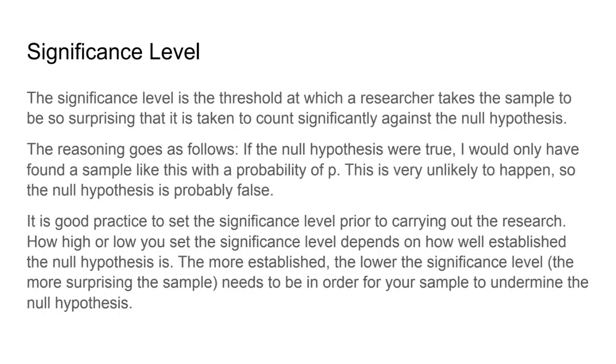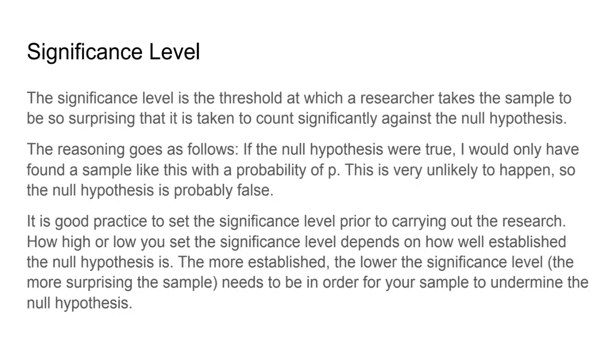And that's what the p-value specifies. Now, what's the p-value I should choose? Well, that's a little bit of a vague question in a way. The general guideline is that the more established the null hypothesis is, so if it's something that has already been substantially researched by lots of people with good evidence, then we need very, very strong evidence to reject the null hypothesis.